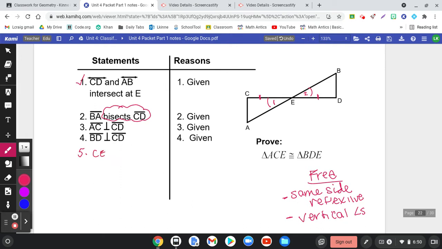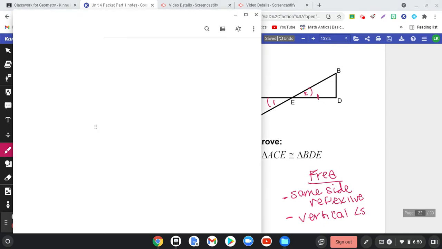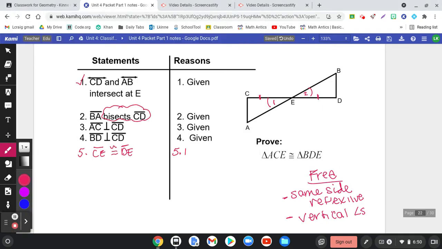CE is congruent to DE. And why did we know that? Because of the word bisect. So definition of bisect. You could say segment bisector, but definition of bisect's fine. And you have a side.